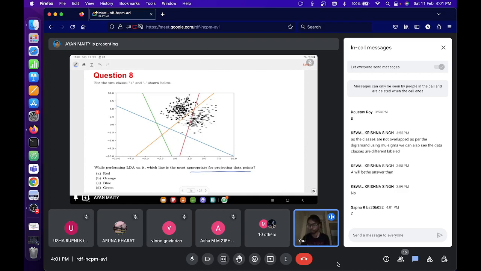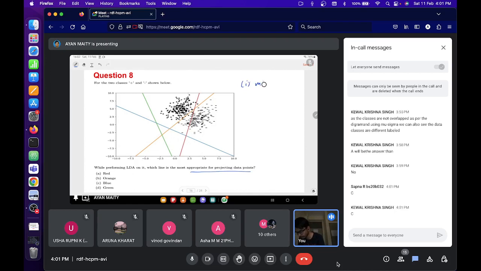The two objectives of LDA are maximizing the distance between means and minimizing the intra-class variances of the different classes.